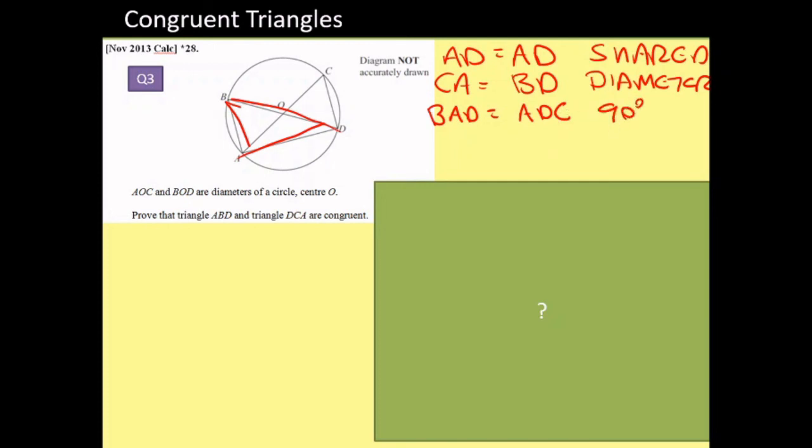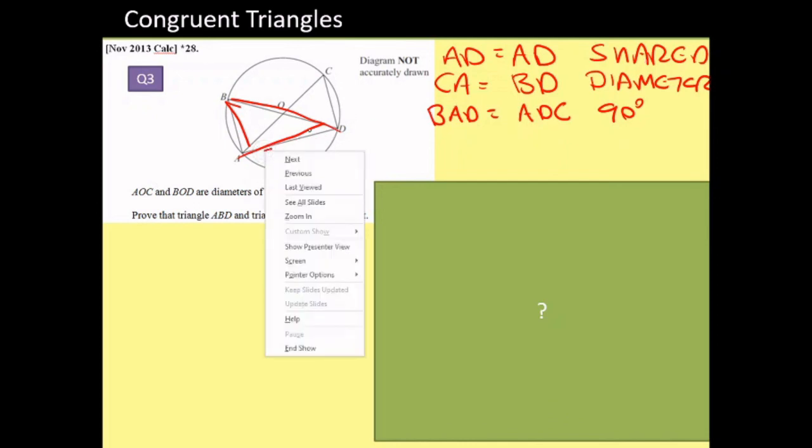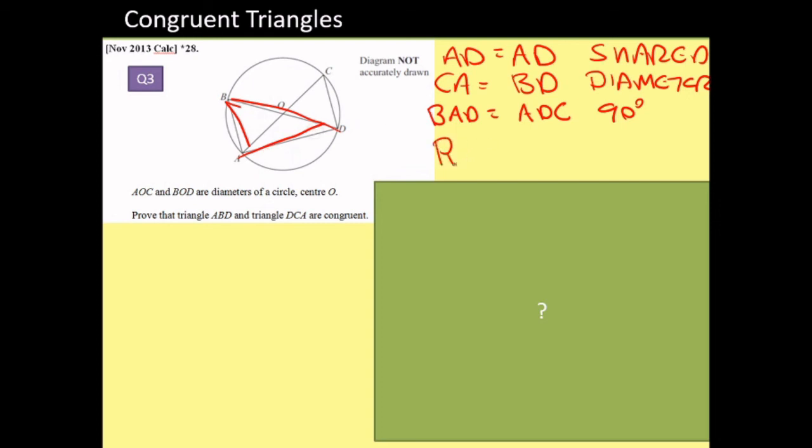Okay, because that's one of your circle theorems, the angle in a semicircle. So here I've got a right angle, and I've got my hypotenuse, and I've got my side, which means that they are congruent. And again, there might be other ways you can do it, but that's what I'm going for.